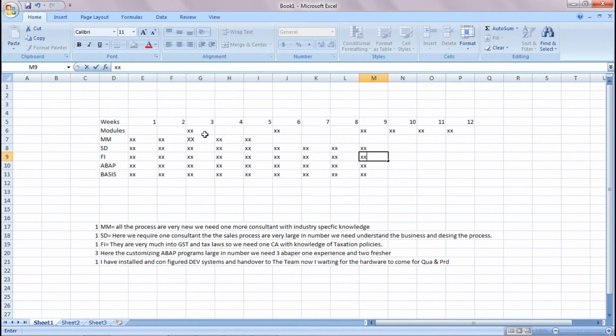For the third week, sixth week, ninth week, if the manager does not take care, when it comes to the ninth week, he may see that MM is in the fourth week only, SD is in the fourth week only, FI is in the seventh week, BC is in the fifth week. Like this, they will not be able to deliver the project on time. If they follow the sheet regularly, they will deliver the project on time to the client.